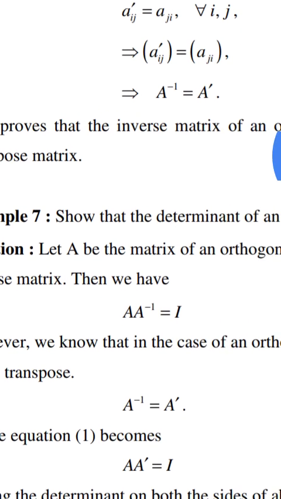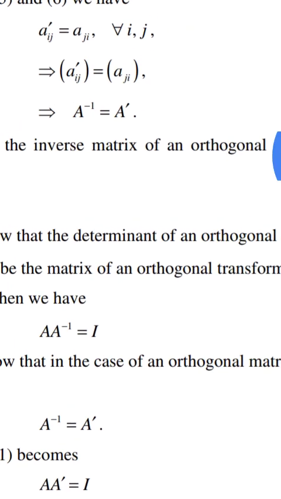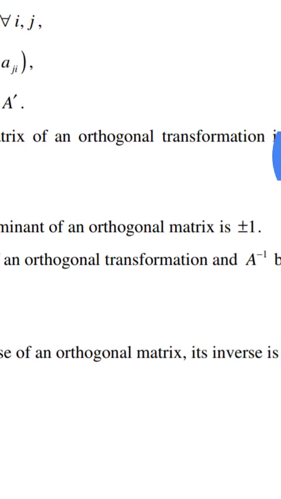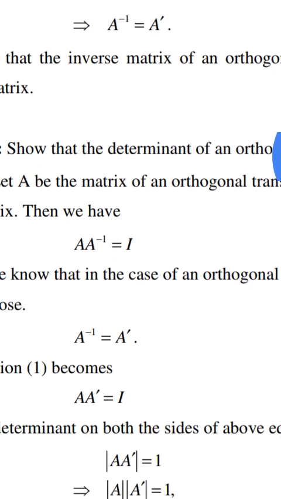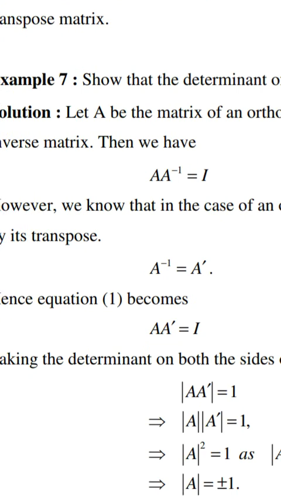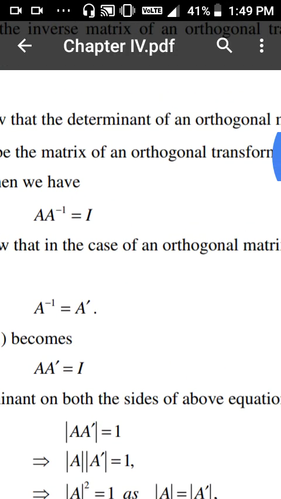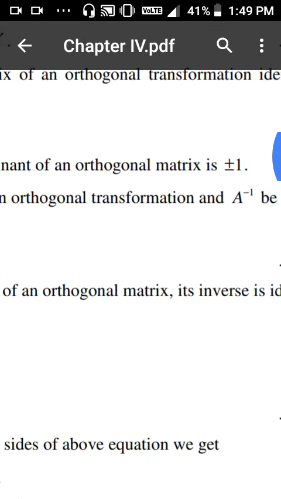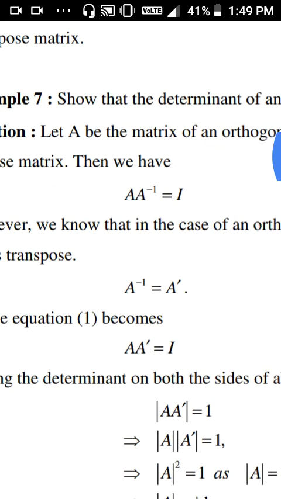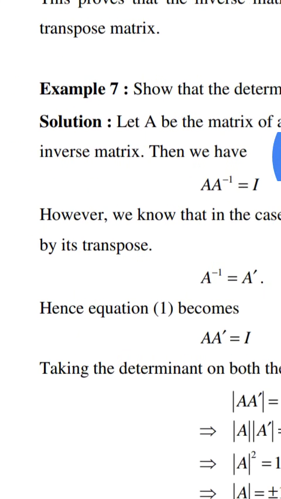Next example. Show that the determinant of an orthogonal matrix is plus or minus 1. Let A be the matrix of the orthogonal transformation and A inverse be its inverse matrix.